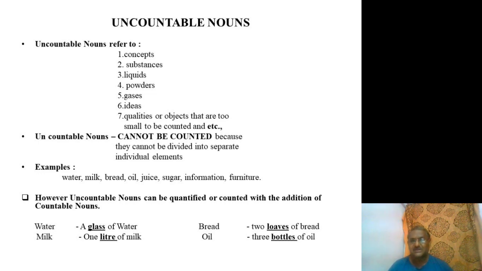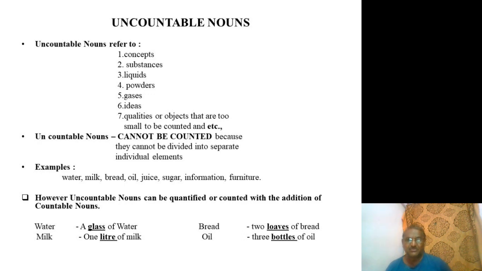Uncountable nouns are not ready to be counted. They cannot be counted. Just as in the case of countable nouns, you can say person, persons, student, students, member, members, politician, politicians. But in the case of uncountable nouns, there are only substances, liquids, gases, ideas, and concepts. That's the reason we cannot count them.